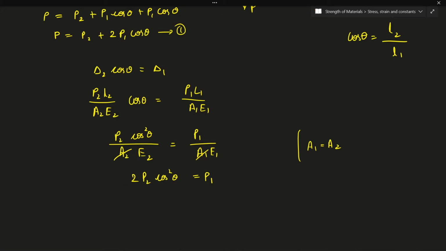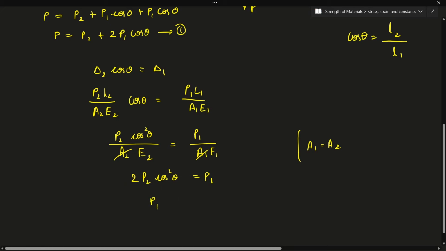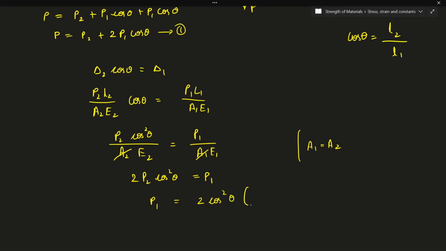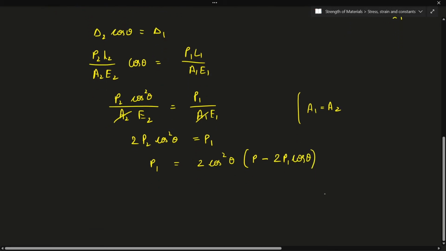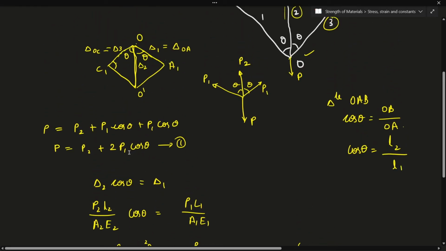So again, now P1 will be equal to 2 cos square theta into, instead of P2, I'll write P minus 2 P1 cos theta. So I'll just make use of equation number 1 here.